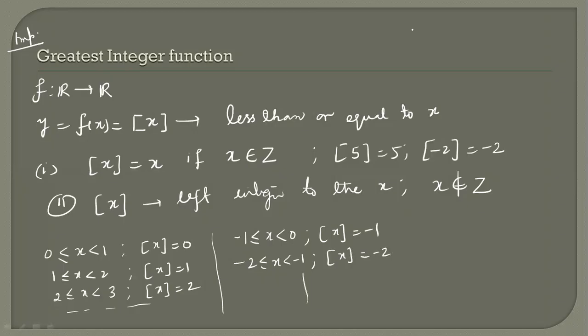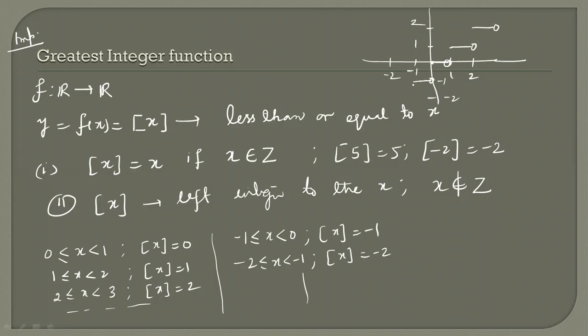Then one can easily draw this graph. So it is 0 from 0 to 1. But at 1 it is jumping. Then 1 to 2, it is jumping at 2. It's like a step function.